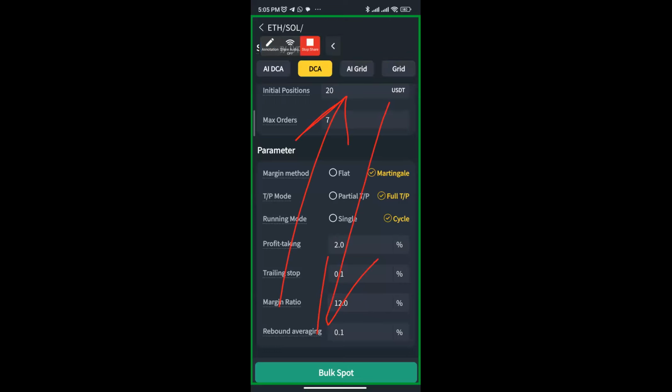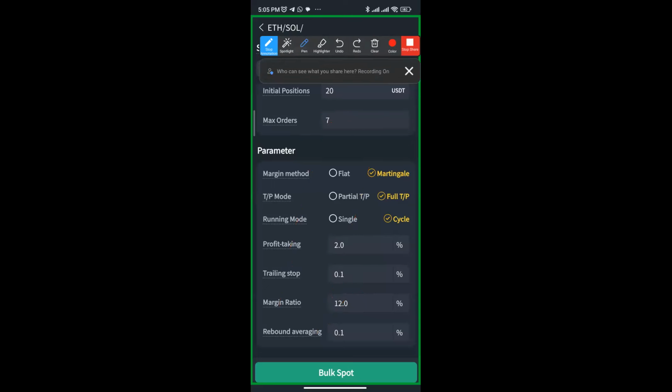Ranging market is a market that does this. It goes here, comes here, goes here, comes here. So look at the grids here. These are the grid lines. So the grid bot works best when any particular pair is in a range with no clear up or down trend in a longer period, or a sideways market.